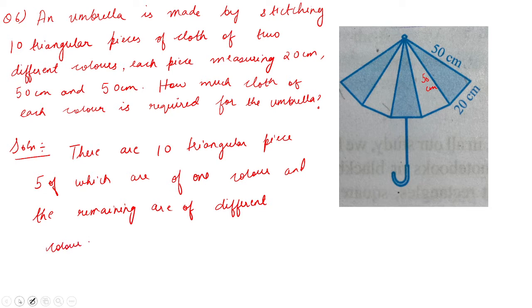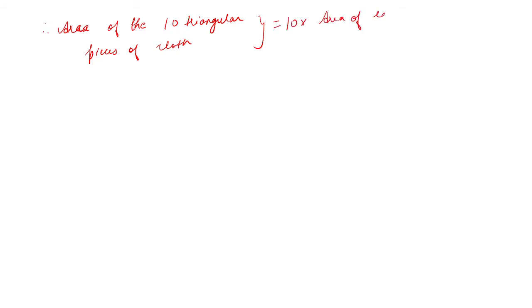Therefore, let's go to the next slide. Therefore the area of the 10 triangular pieces of cloth, what is the area of this going to be? This is equivalent to 10 into the area of each triangular piece of cloth.